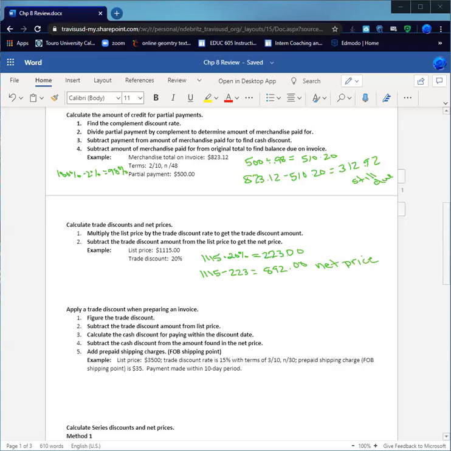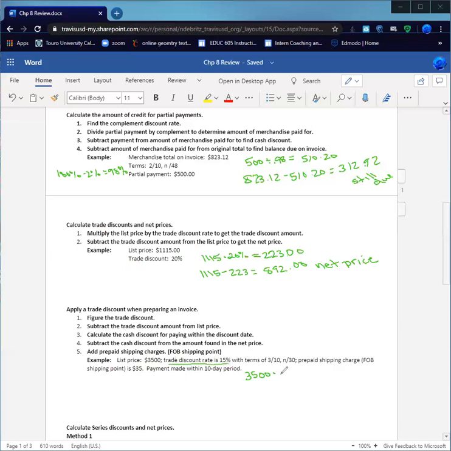Okay, then we're going to apply the trade discount when preparing an invoice. So to do that, we figure the trade discount, which is what we just took here. Okay, so here's our new problem. So remember, the trade discount was the list price times trade discount, which is 15%, right there.